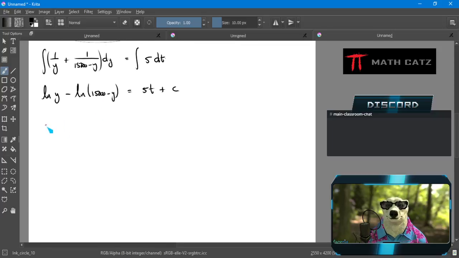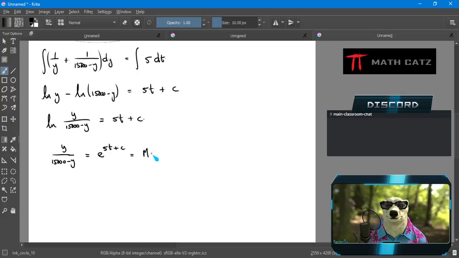I'm going to merge these two logs with the appropriate log property, and then I can get the y fraction out of the log by rewriting it to the exponential version of the equation.